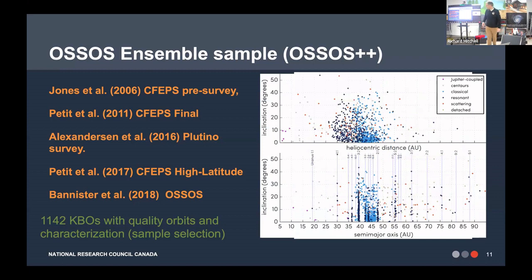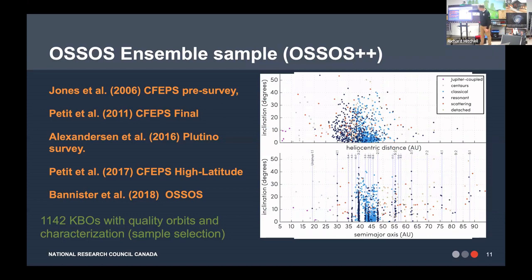And here we have another sciencey plot of how far away from the sun something is, versus how tilted its orbit is. And instead of saying how far from the sun it is right now, this is how far from the sun it is on average. But I would draw your attention to this: as you get out to around 50 astronomical units, basically our knowledge of the solar system ends.